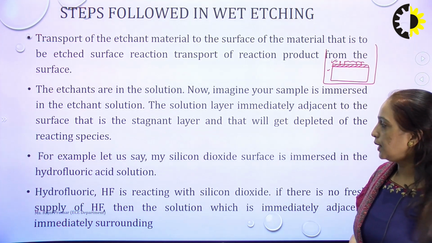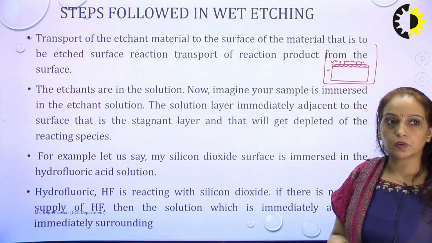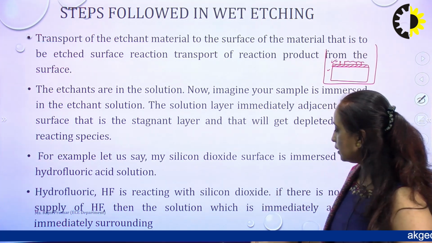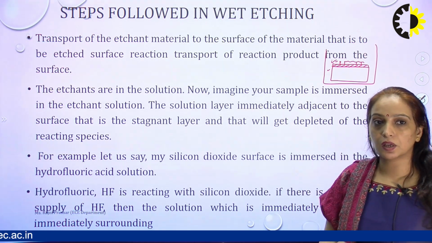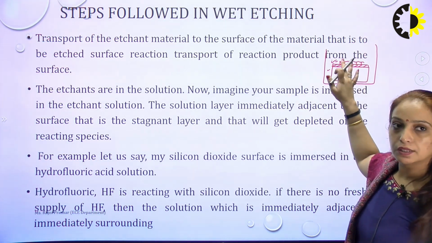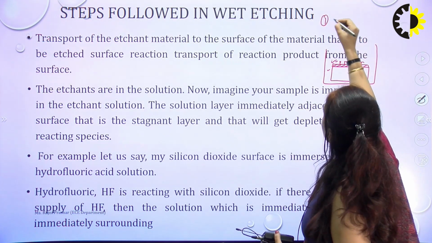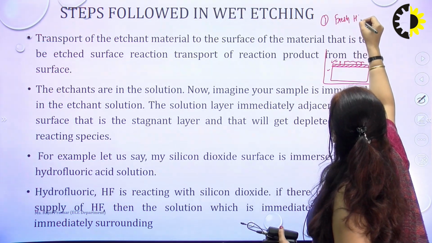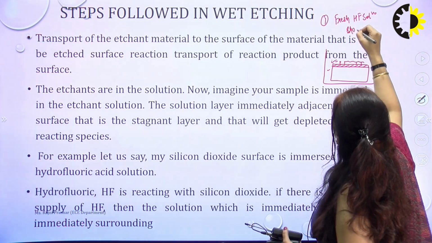So, for example, let us say my silicon dioxide surface is immersed in the hydrofluoric solution. This acid will react with the silicon dioxide, and if there is no fresh HF solution, it will not properly etch the silicon dioxide layer. So, the first important thing is that fresh HF solution should be provided.